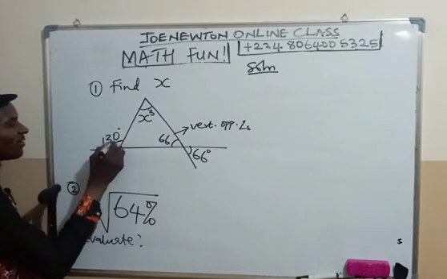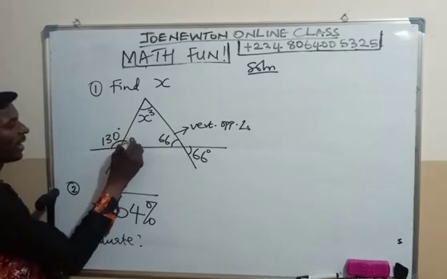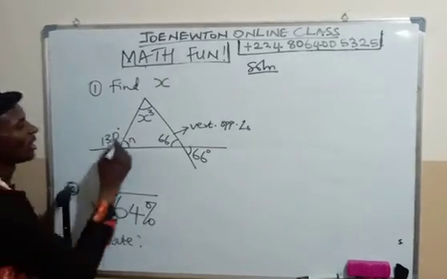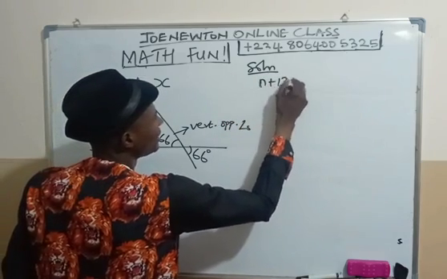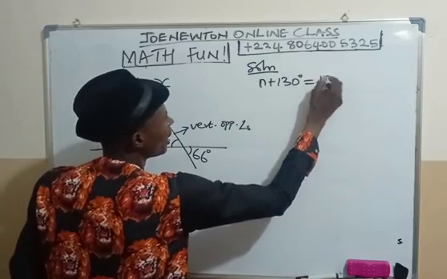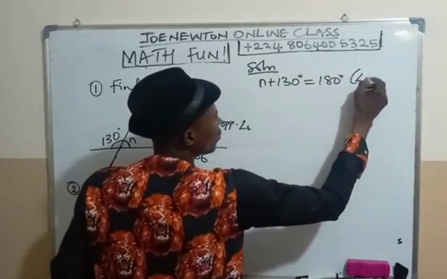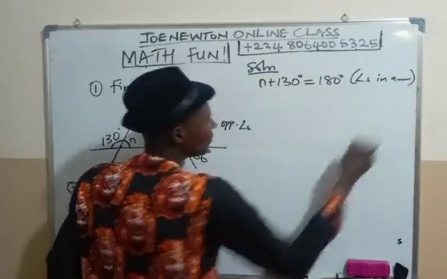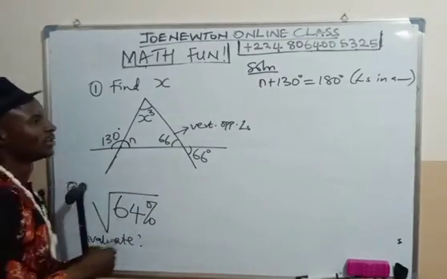Then we come to this place. Here, let's call this place N. Then we quickly know that N plus 130 degrees is equal to 180 degrees. Reason is angles in a straight line. Sum of angles in a straight line. There is a straight line here.